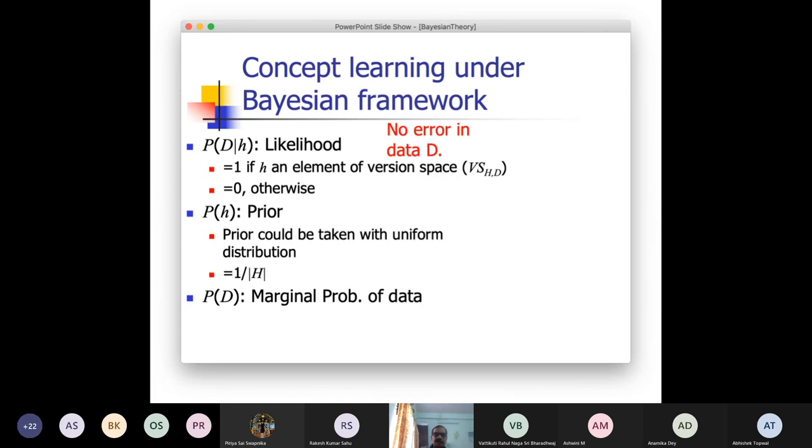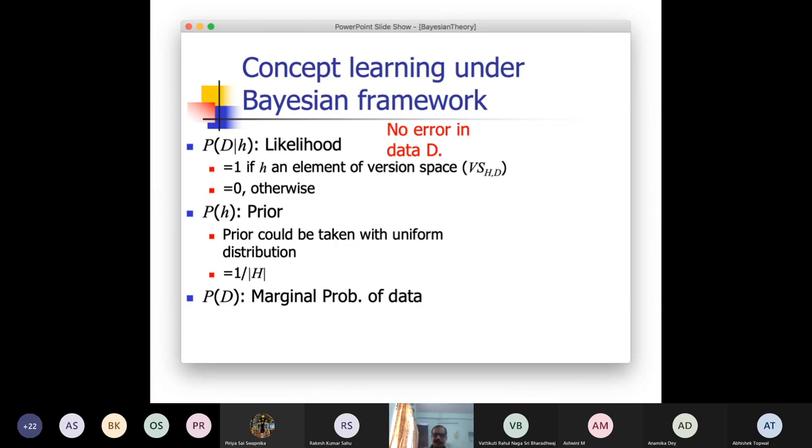One is, as you see, the version space, that means concept learning, that can also be considered under the Bayesian framework, because we are assuming there is no error in the training data, so you can define the likelihood function in the way it has been given.